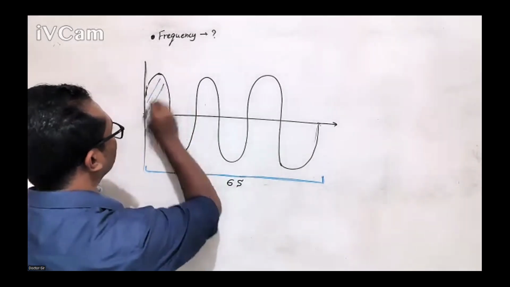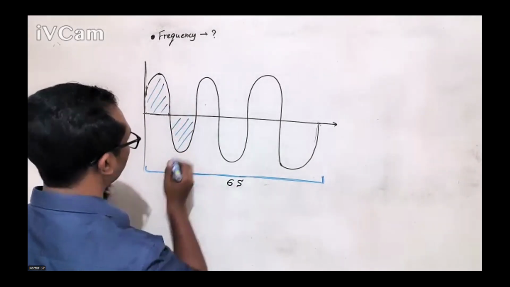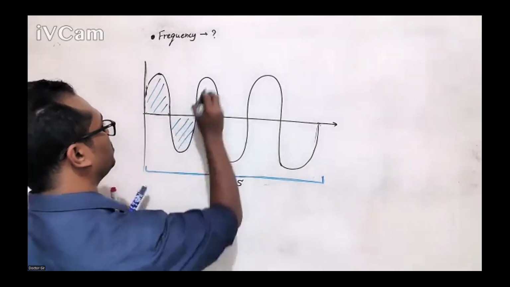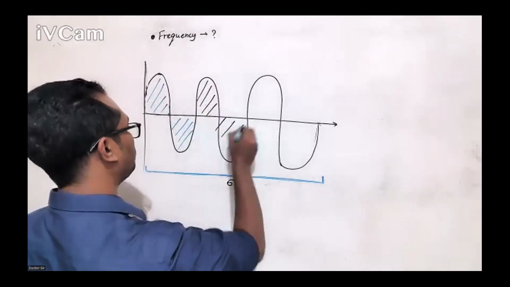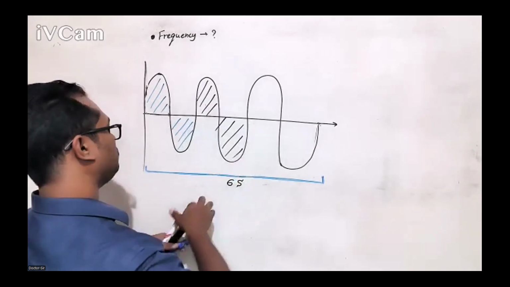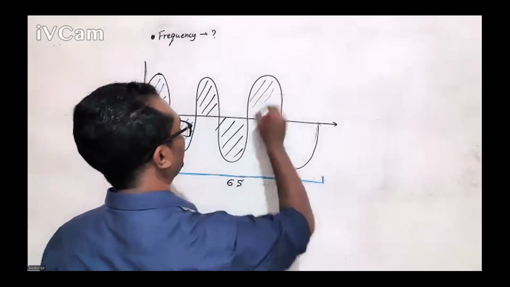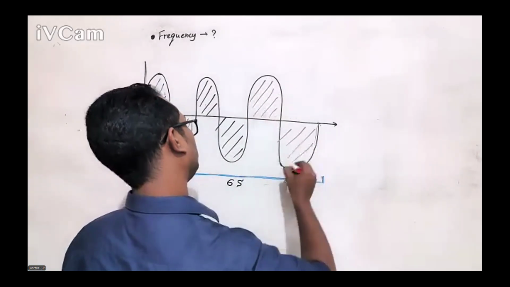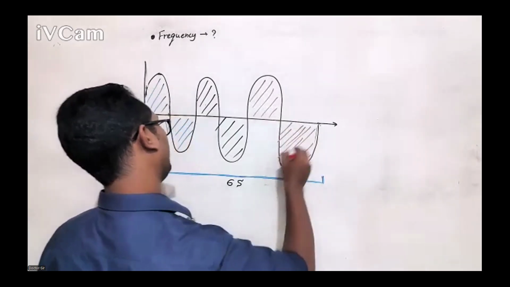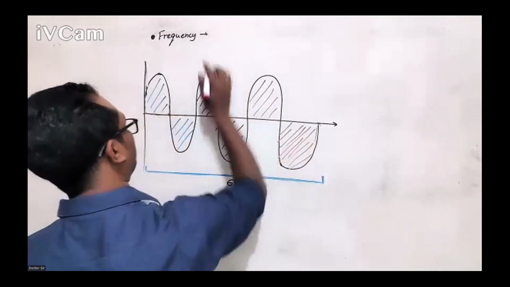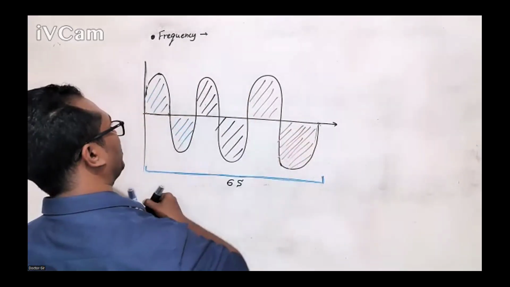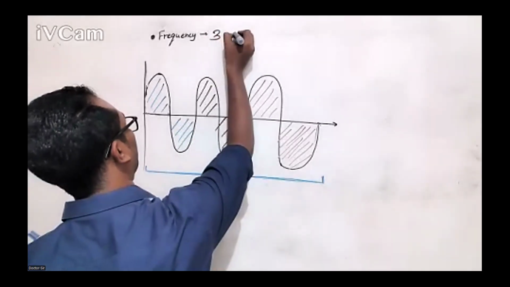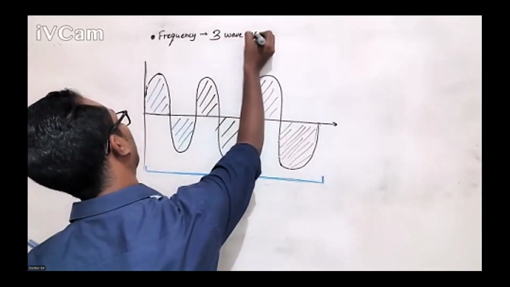One cycle, it's the blue one. Then this is another cycle, a complete wave cycle. Then here another wave cycle, right? So all together 3 cycles. I will write down here 3 wave cycles.